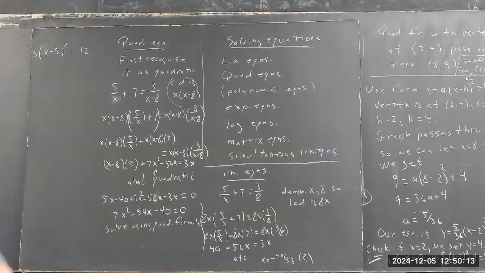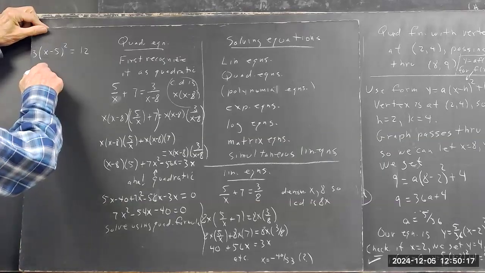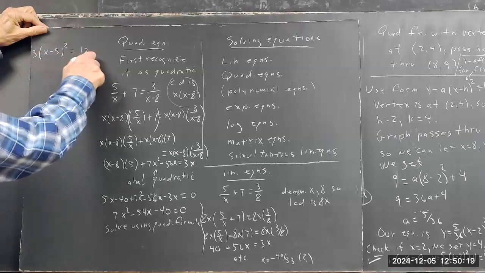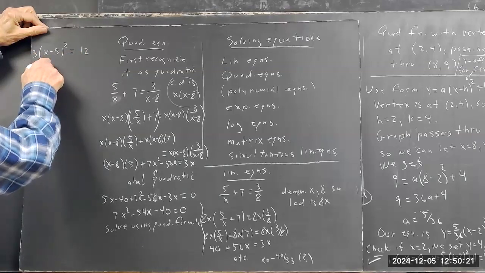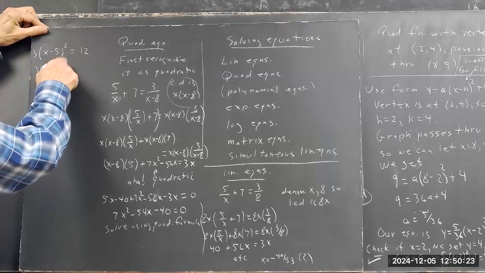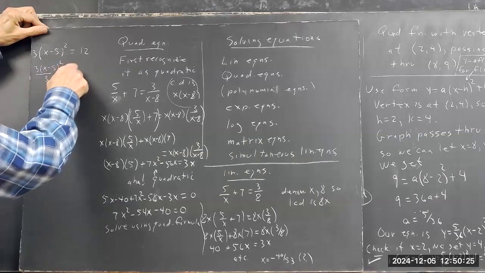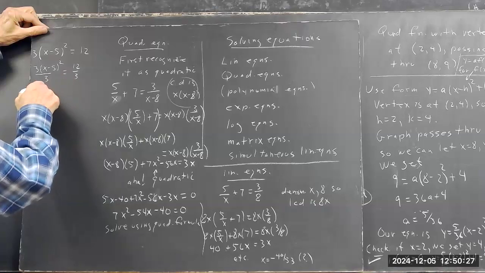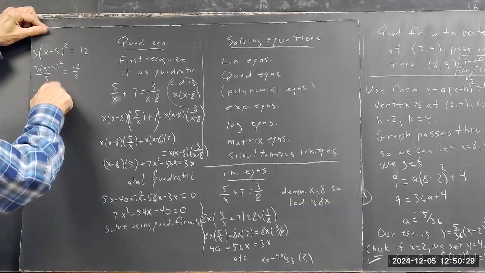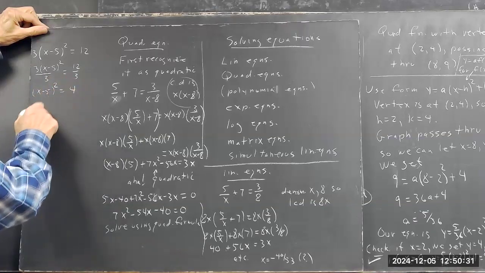That would be more trouble than you need to go to, because all you have to do here is say, okay, well, then we divide both sides by 3, and you get x minus 5 squared equals 4.